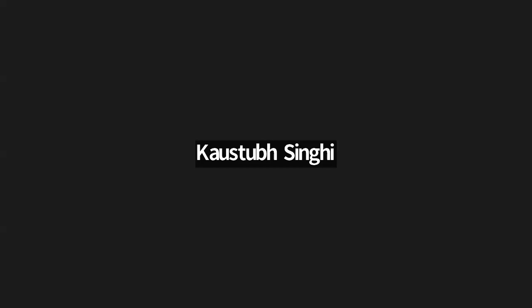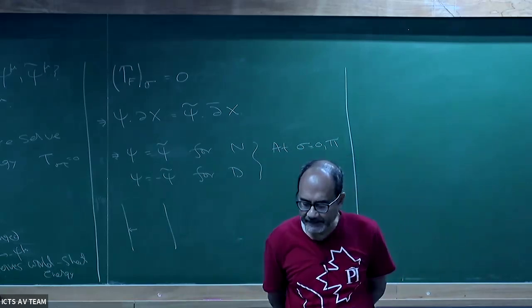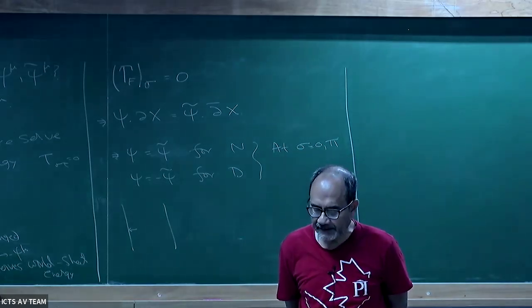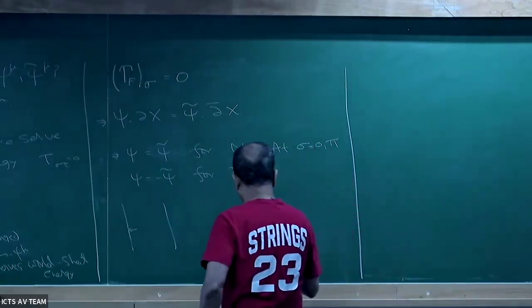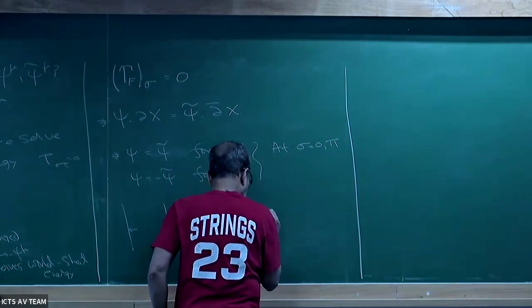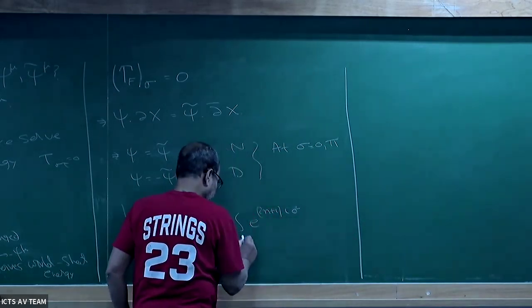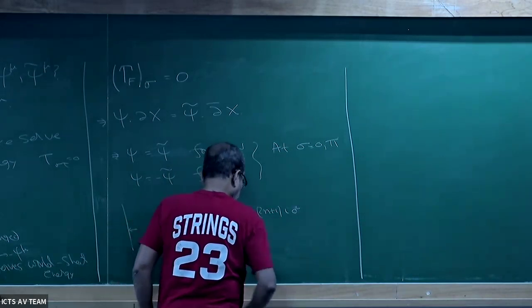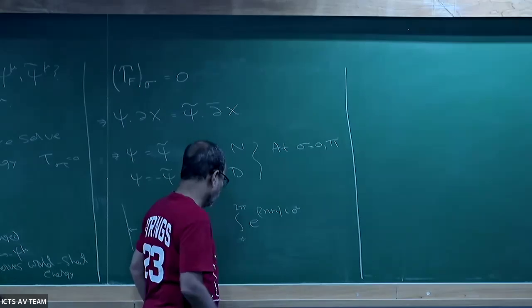When you say doesn't exist, don't you mean the T_F integral is automatically 0? Yeah, well, the modes are such that maybe it will be automatically 0, because if you have something like e to the (2n plus 1) i pi sigma, and you do the integral from 0 to 2 pi. 0 to pi, yeah.